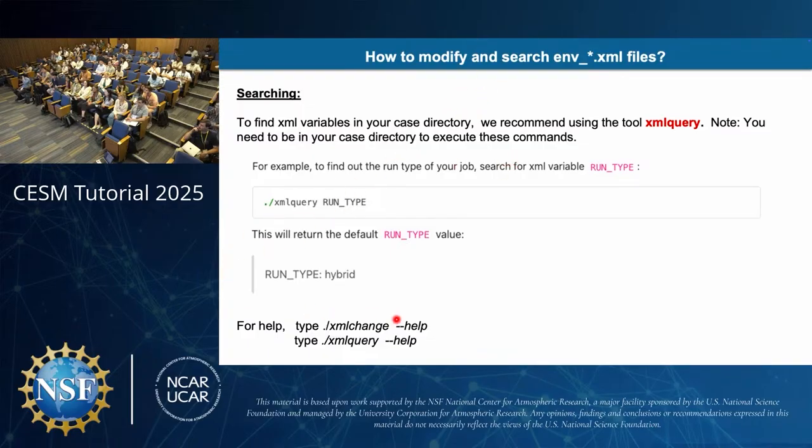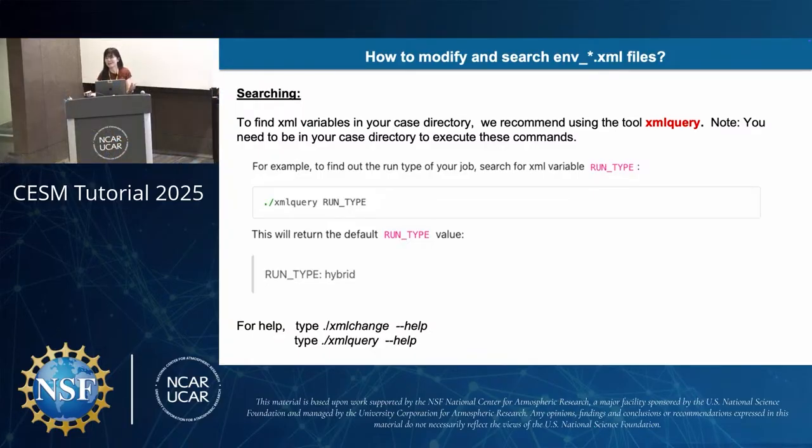For example, with xmlquery, -p means partial, and you type in a keyword of a certain variable you think it's called. For example, you forgot what the wall clock time variable is named. You remember it starts with wall something. So xmlquery -p wall will give you all the possible variables that start with wall. Yeah, question?